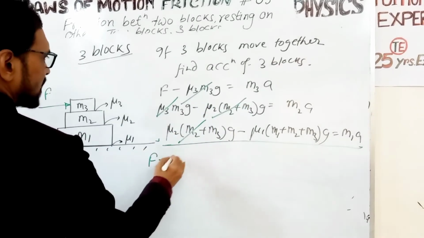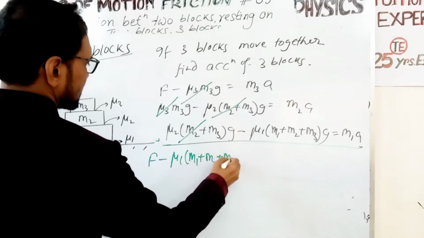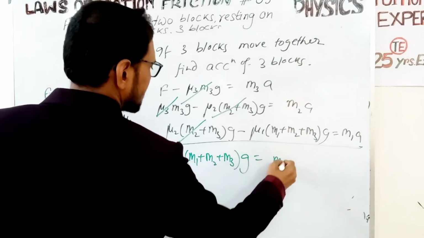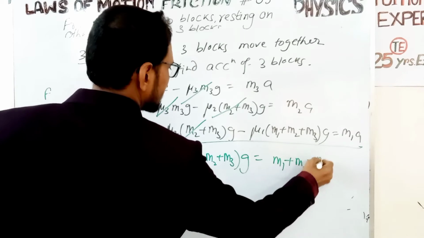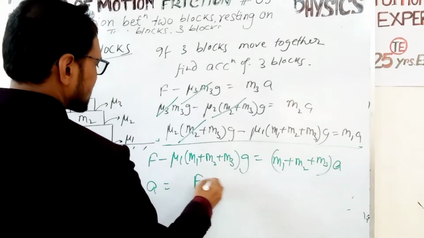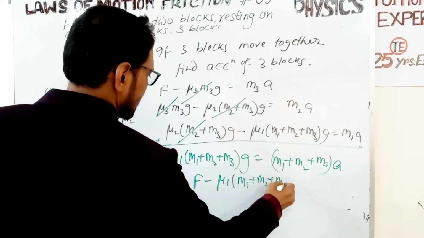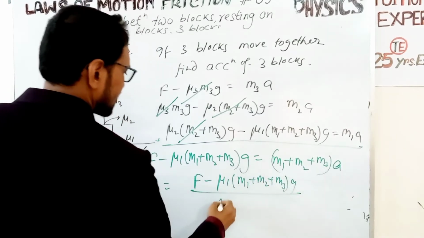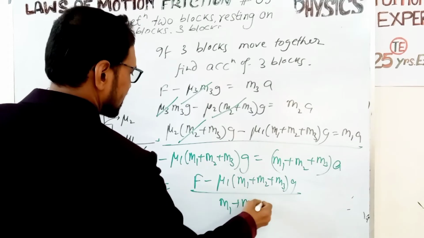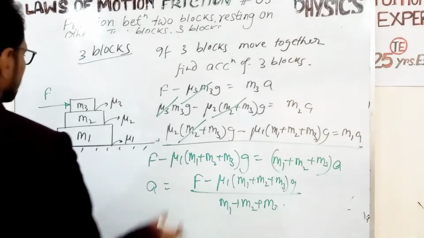So F minus mu1 (M1 plus M2 plus M3) G equals (M1 plus M2 plus M3) into A. So A equals this by this. So this is the acceleration of the 3 blocks.